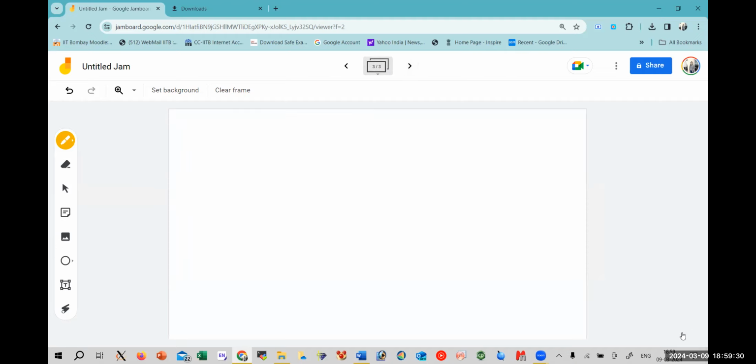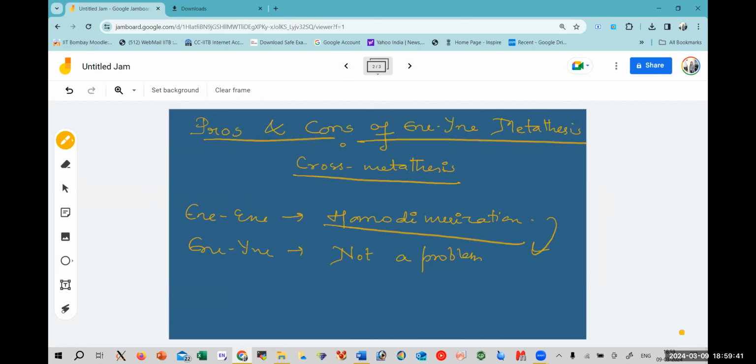Now, as I said, the only con that we have in enyne metathesis is the cross metathesis, and to avoid it, especially ring closing enyne metathesis is performed in high dilutions so that we only have the intramolecular synthesis, not the intermolecular cross metathesis.